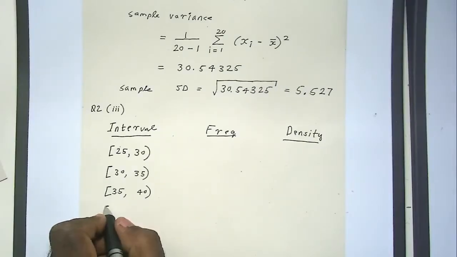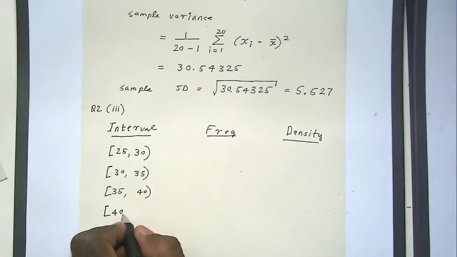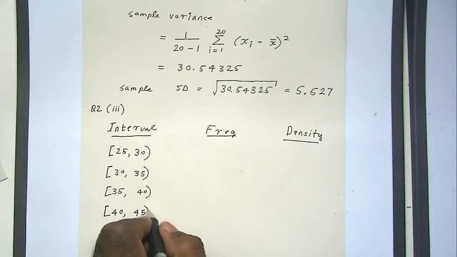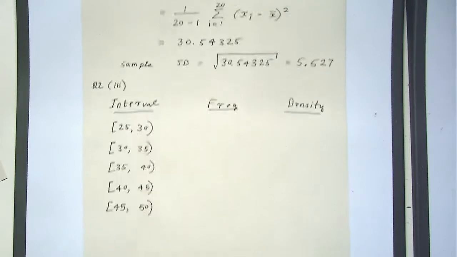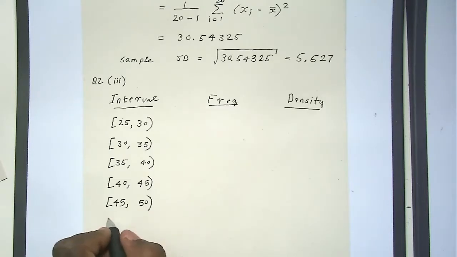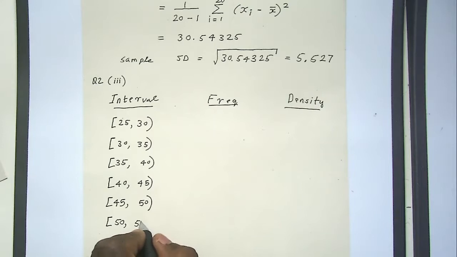The next one is from 40 to 45, 45 to 50, and the last one is from 50 to 55. Then you just count.